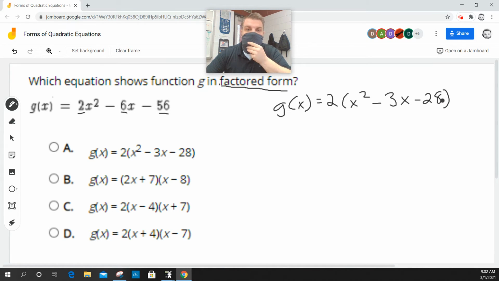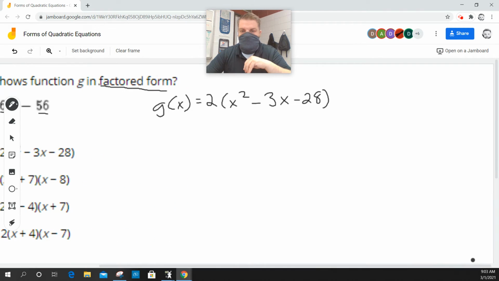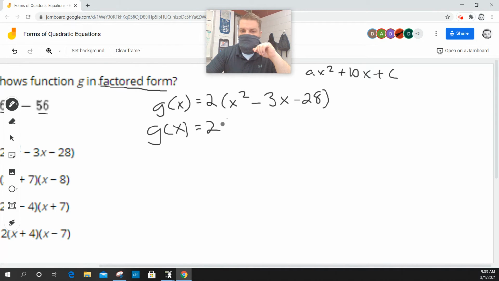Okay. All right, so now I've got to factor this stuff. Remember, this part right here looks like ax squared plus bx plus c. This 2, we're just going to leave in the front for a while.